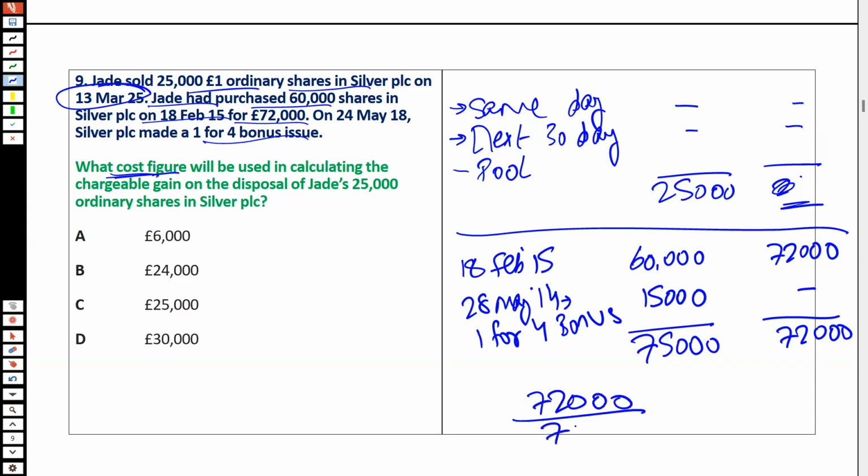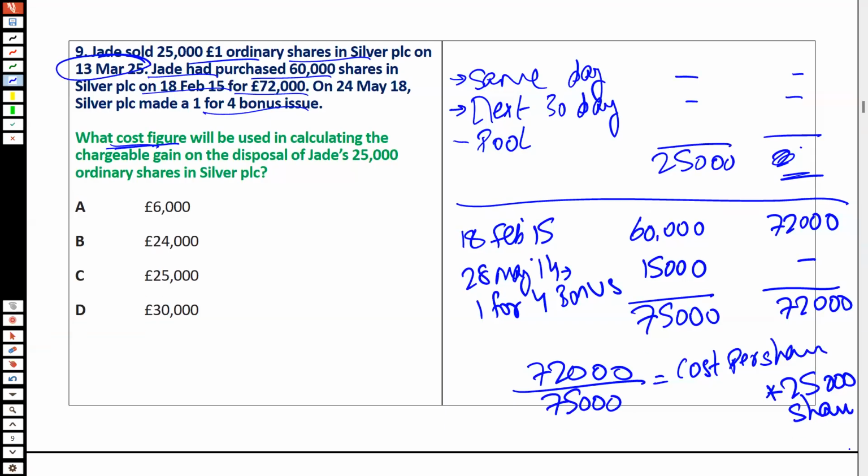72,000 divided by 75,000. From this, I will get cost per share. And if I multiply cost per share by 25,000 shares, which I basically sold, I'll get the answer.